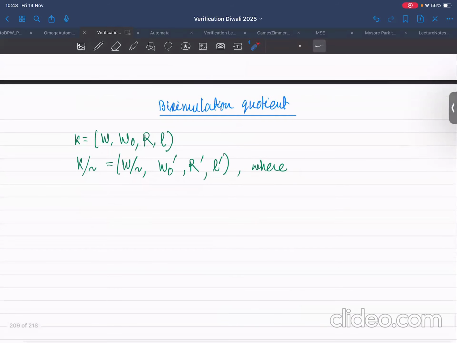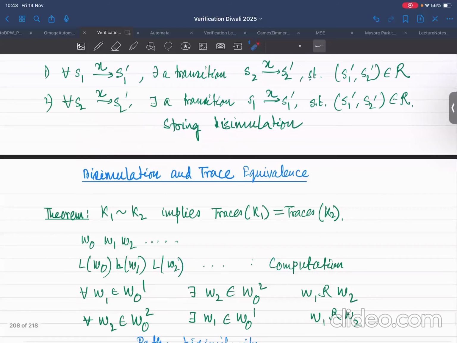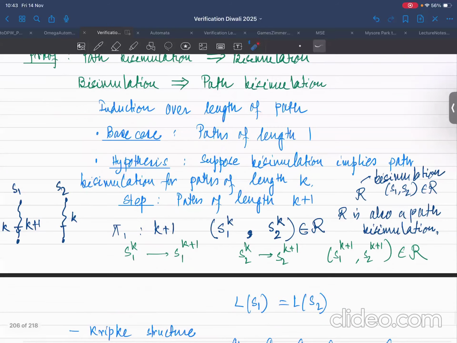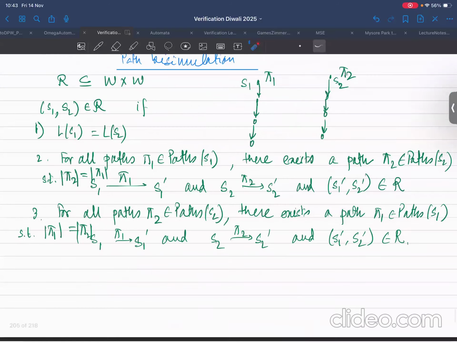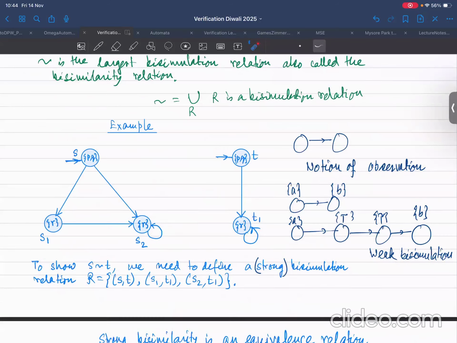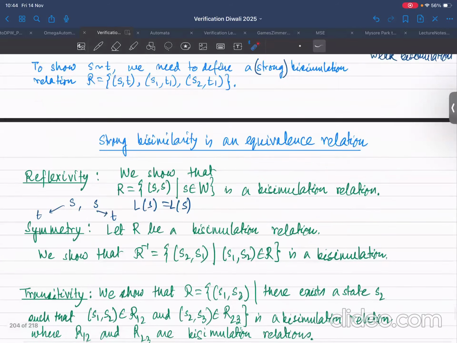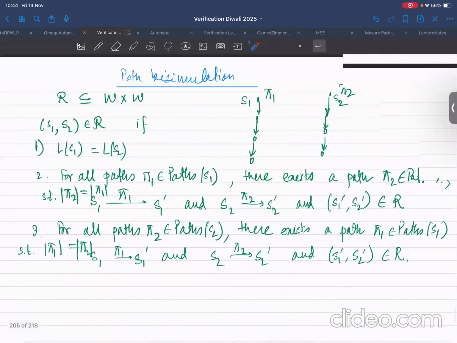Okay, so now we are going to define something new. I showed just one example where two structures are bisimilar, but we have not yet seen something where two structures are not bisimilar. An interesting question is, what about the other direction?